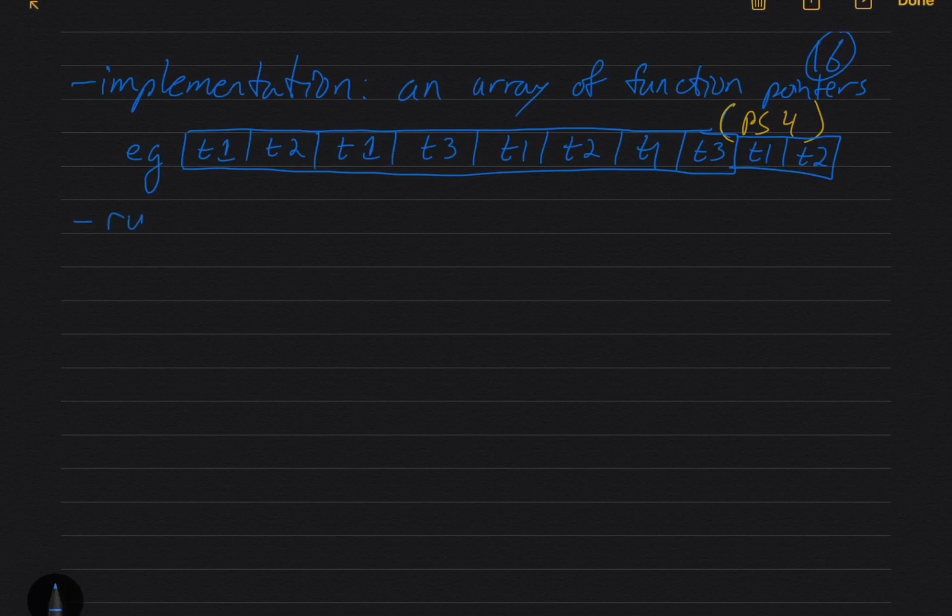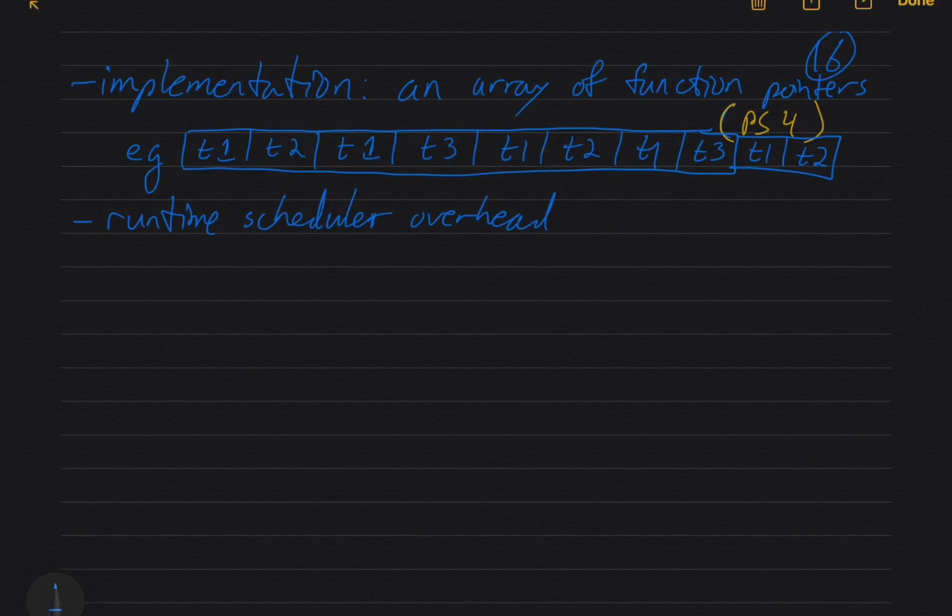The runtime scheduler overhead, if you look at the implementation, you have a for loop. You've got an index into the array, and you invoke the function that's being pointed to in the array.